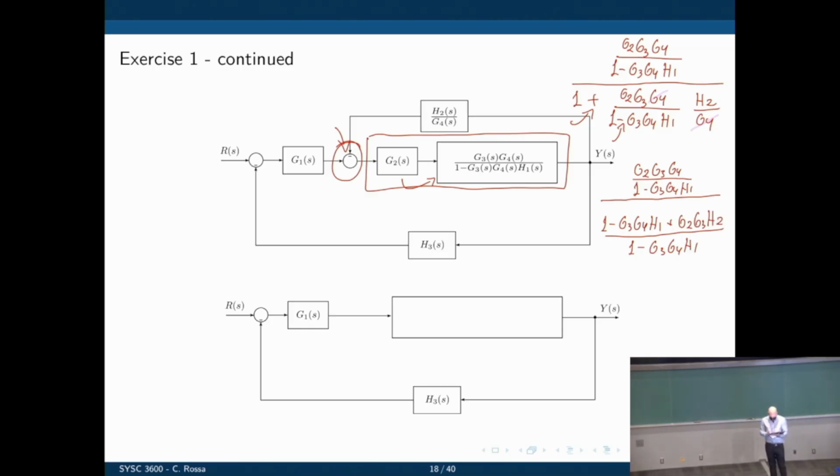And now the denominators on top and at the bottom cancel out. And we are left with G2 G3 G4 divided by 1 minus G3 G4 H1 plus G2 G3 H2.